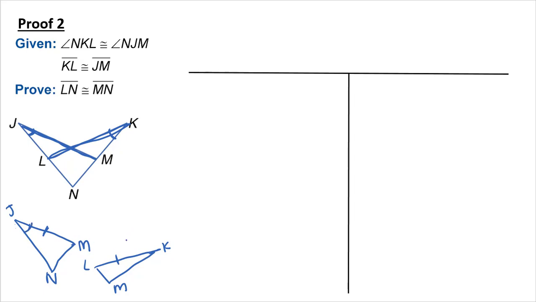Angle J over here is congruent to angle K over here. So how could I get these triangles congruent? Well, first I have to label them correctly so we don't make a mistake. Notice how I haven't even started my proof yet, and I just relabeled it the same way.